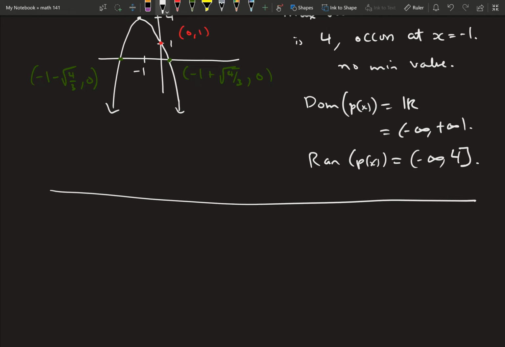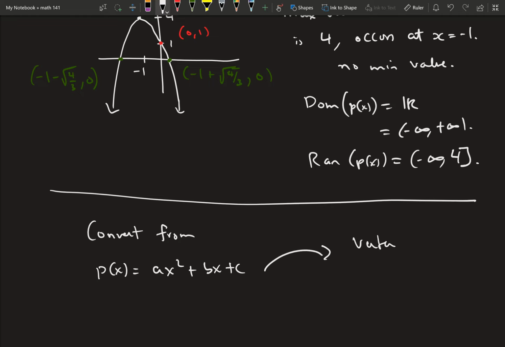What's left is now to convert. The last part of this is to convert from a regular polynomial, or just a general form, ax squared plus bx plus c, and how do we go from there to the vertex form, which is a times (x minus h) squared plus k.